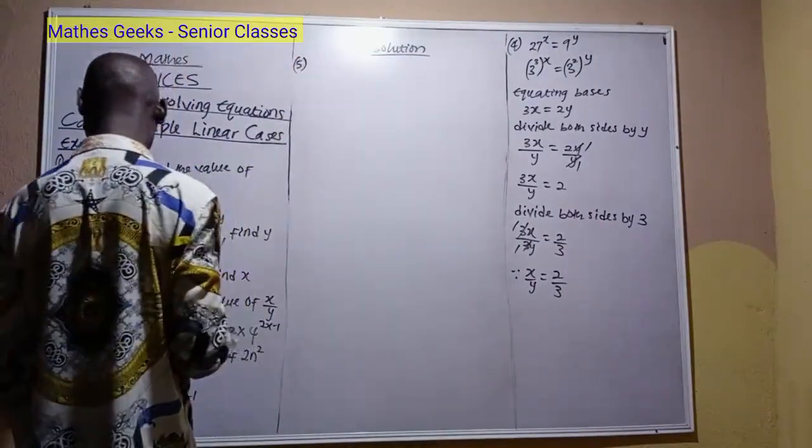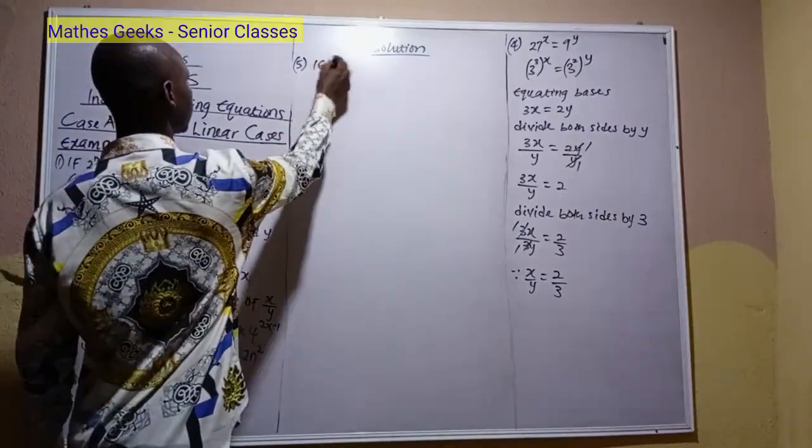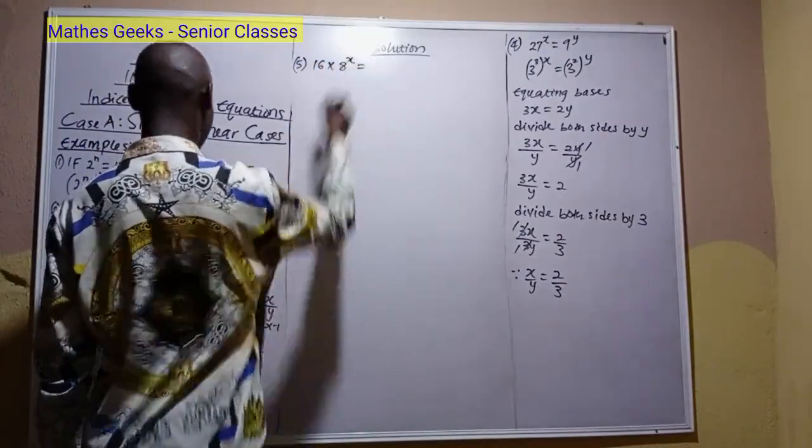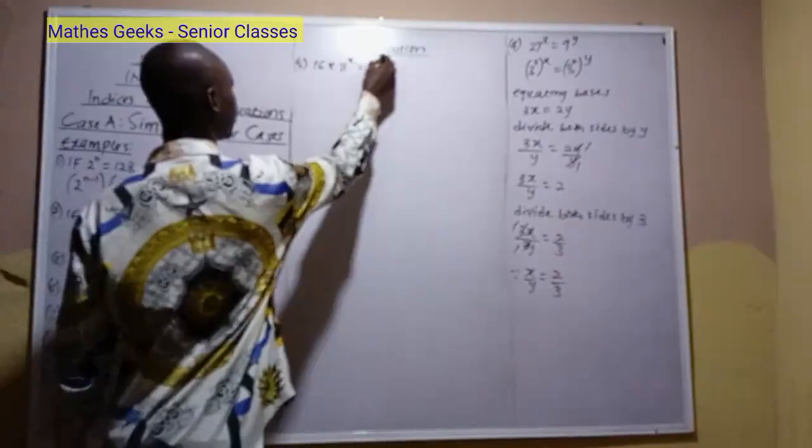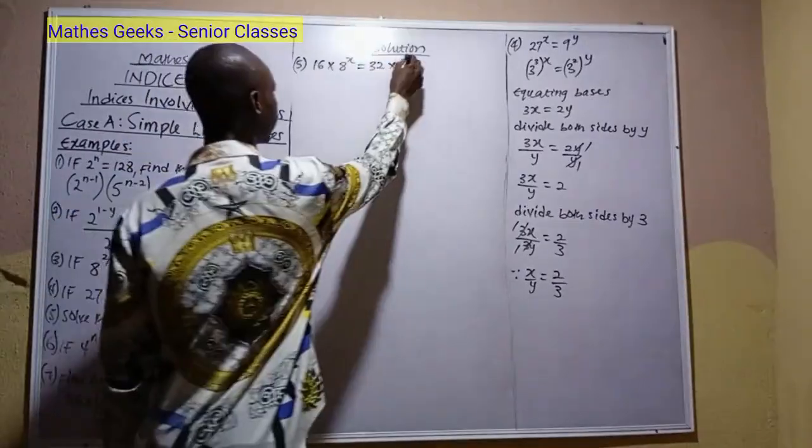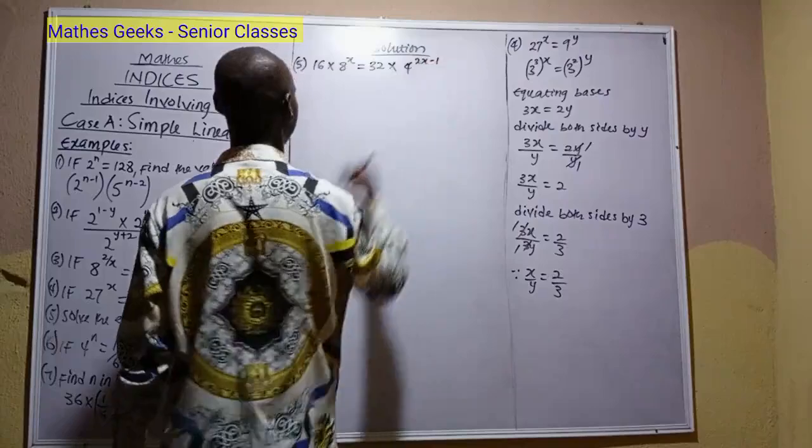Number 5. Solve the equation 16 times 8 raised to the power x is equal to 32 times 4 raised to 2x minus 1.